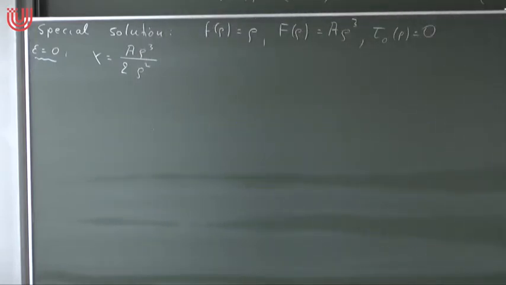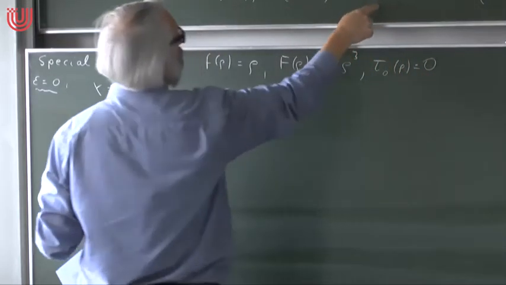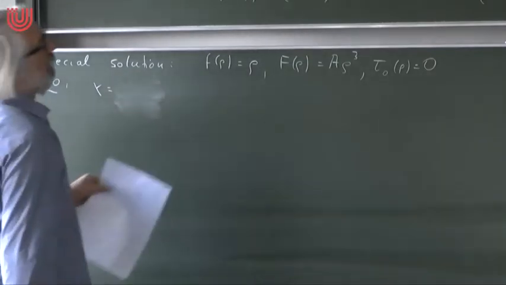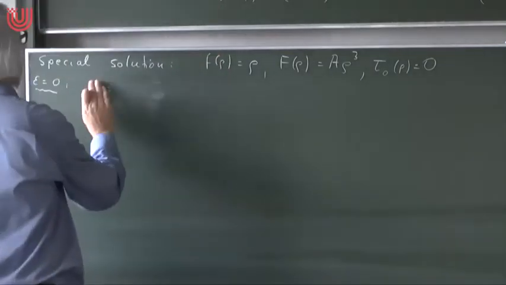This was epsilon equals plus minus 1. Epsilon equals 0 is here. Sorry, this was wrong. Let me do it slowly.